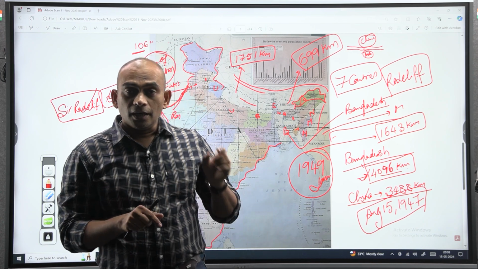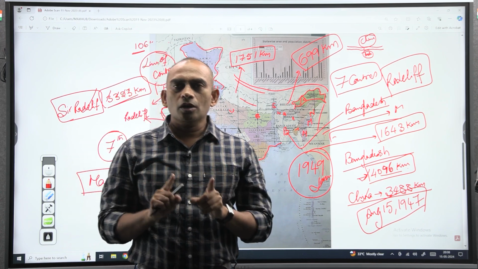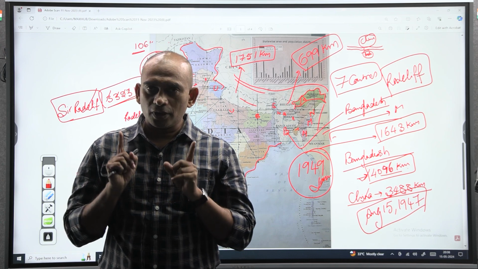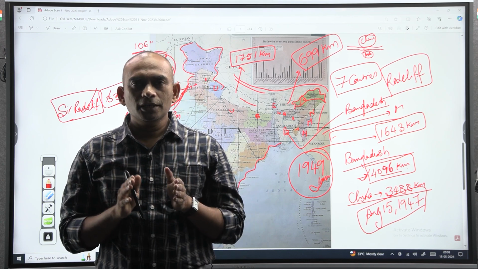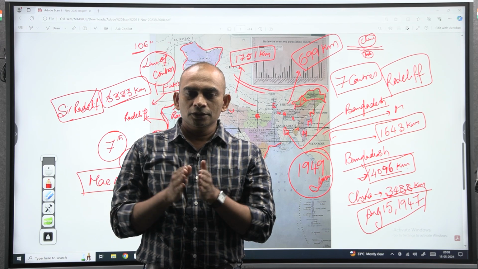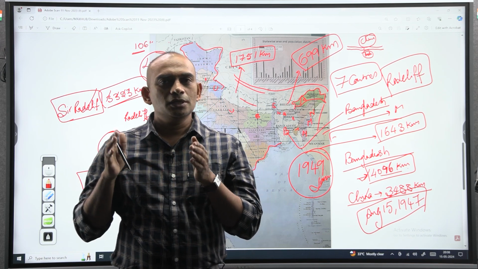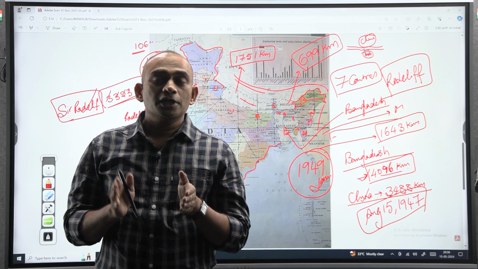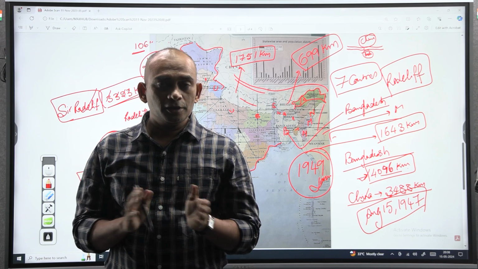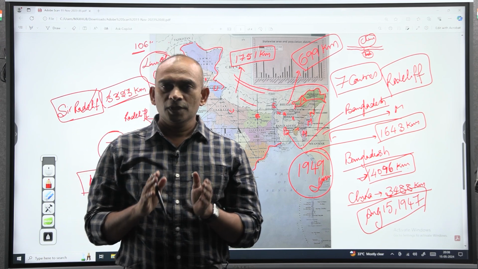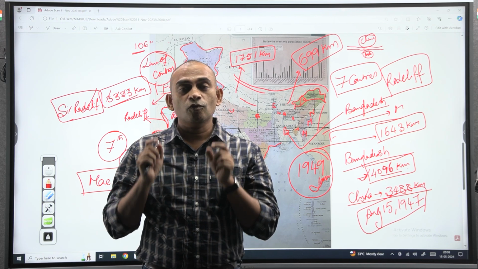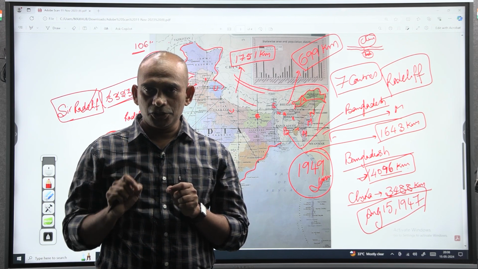Also, China is not recognizing the McMahon Line. Why? Usually whenever we come across news articles about the dispute between India and China, the dispute focuses only on the boundary issue.